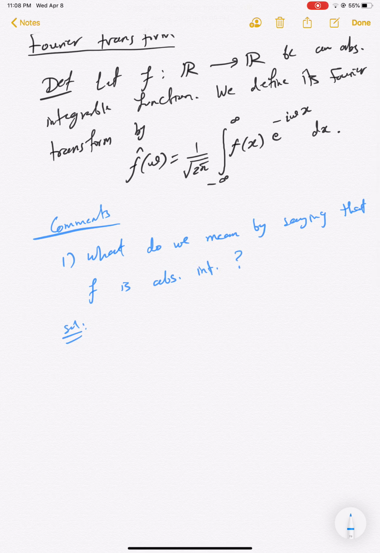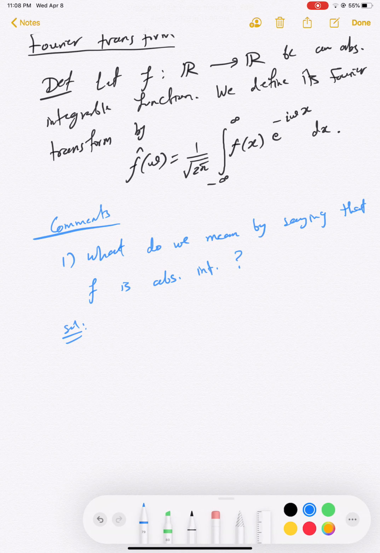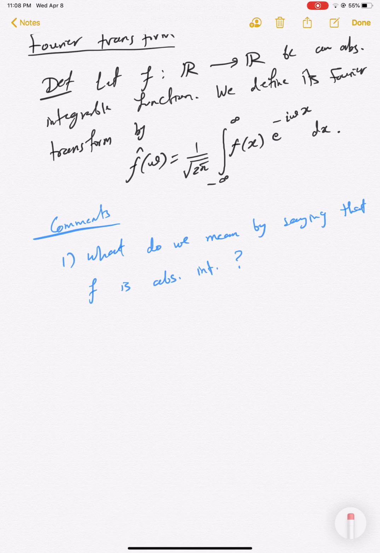So what we mean by this is, let's say a solution is not a big deal, okay? It's better maybe to write the answer, right? When we say the function is absolutely integrable, what we mean is that the integral from negative infinity to infinity of the absolute value of f of x dx is finite.